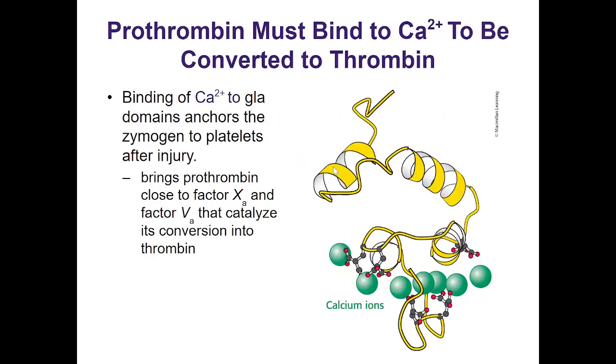Okay. So what we get here is the prothrombin. This has to bind to calcium to actually be converted to thrombin. And so the binding of the calcium to the GLA domains will anchor the zymogen to the platelets after injury. This actually brings the prothrombin close to the factor 10 and factor 5 that are going to catalyze its conversion into thrombin.